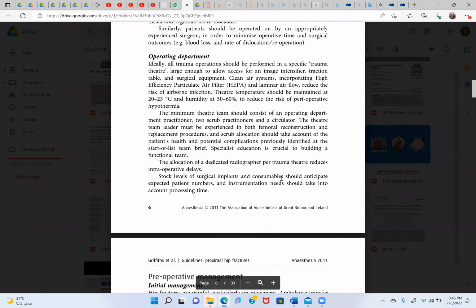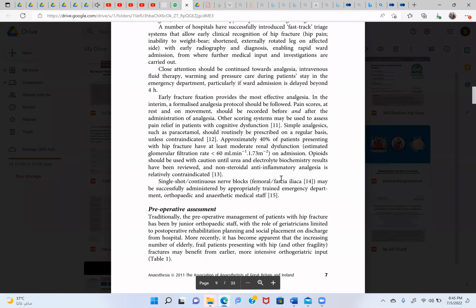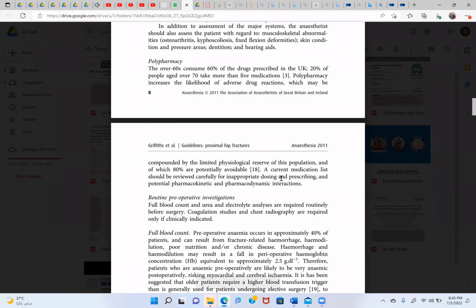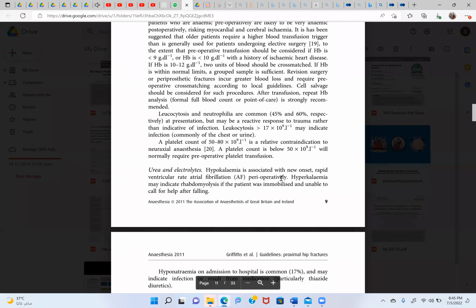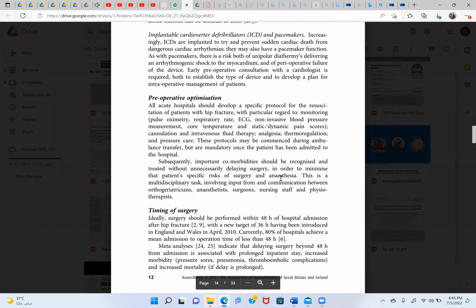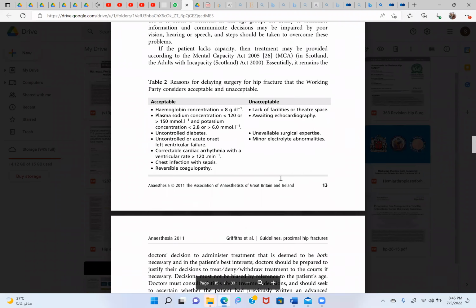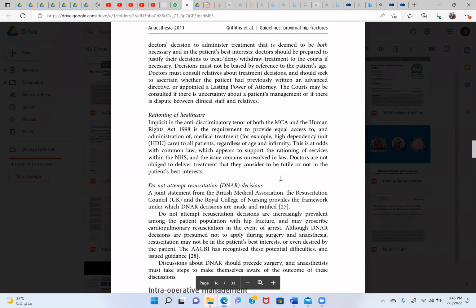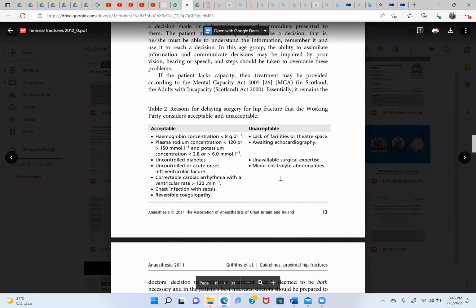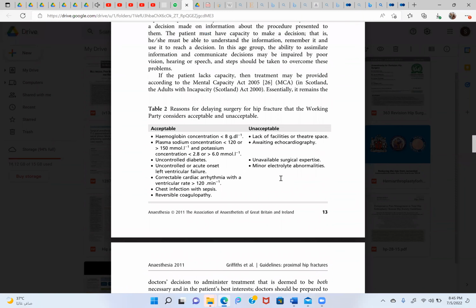I forgot from where I had read it. Different types of femur fractures. Just a second, please. Actually, this is the source, this guideline. The same thing is reproduced in the article as well.